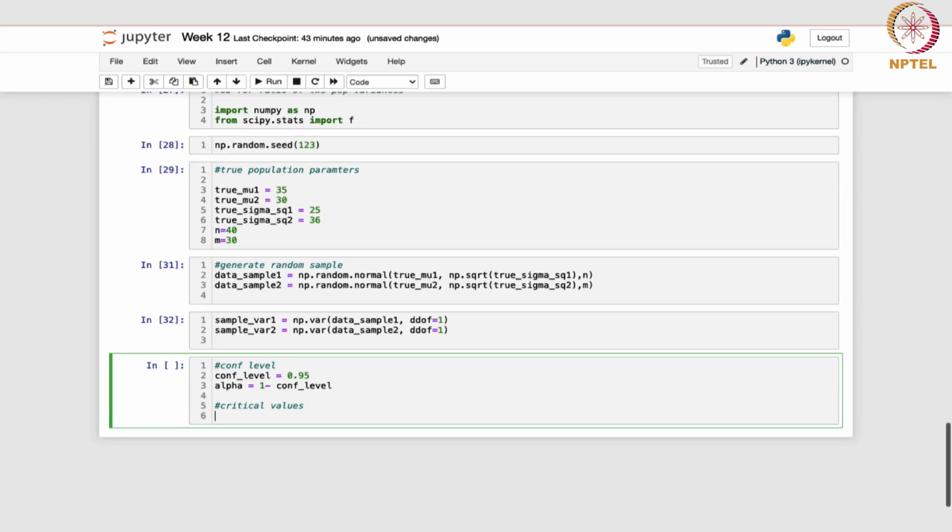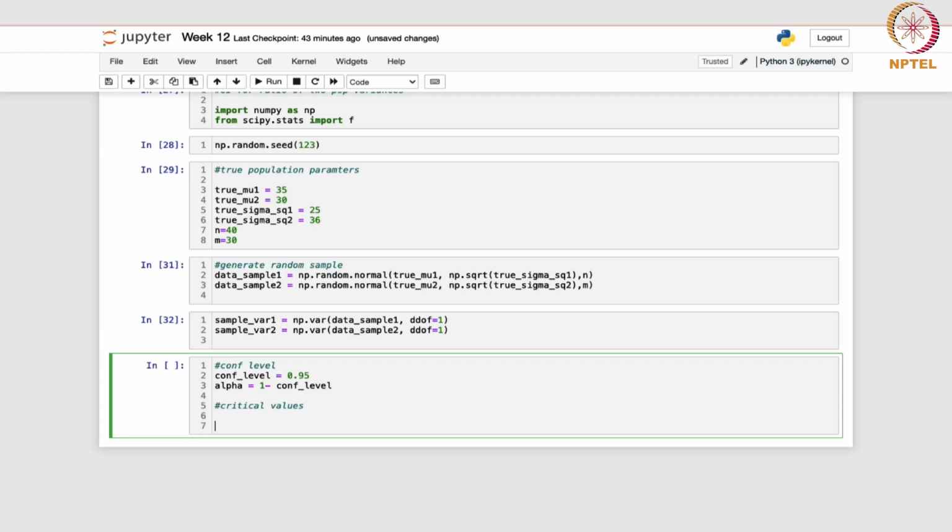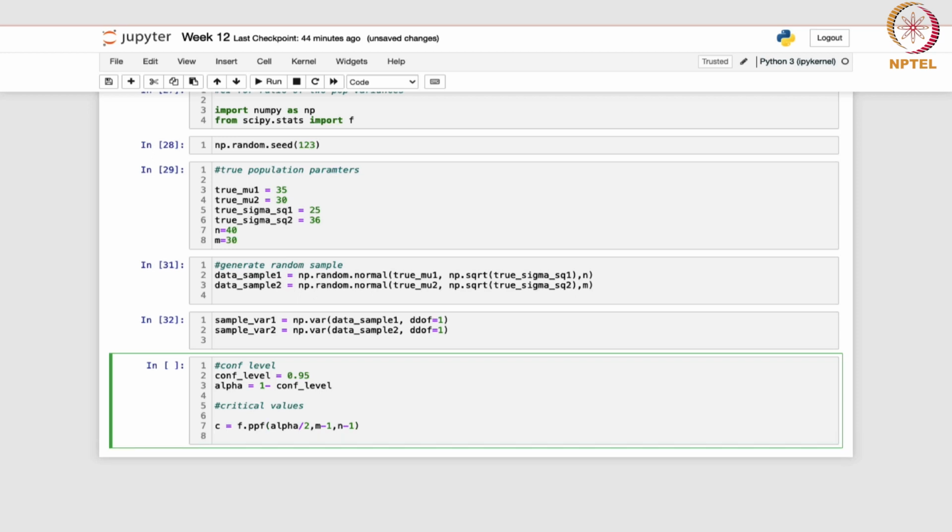So here in ratio of population variances, we use C and D notations. C is used for first one, so f.ppf, percent point function. In this case, to calculate the percentile from your f distribution, basically it is the inverse CDF, right? So it would be alpha by 2 in this case, m minus 1, n minus 1, and what will be D?